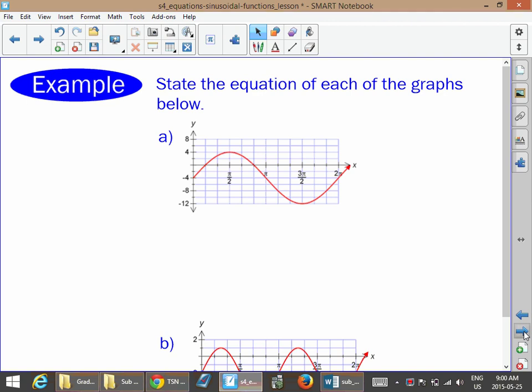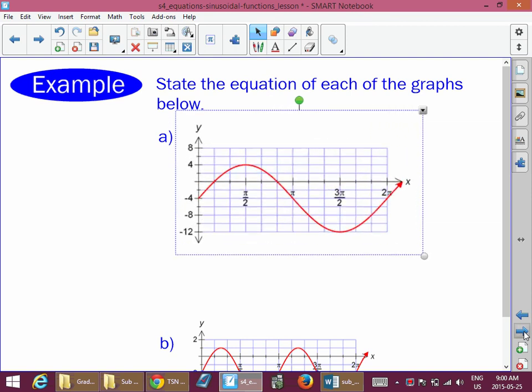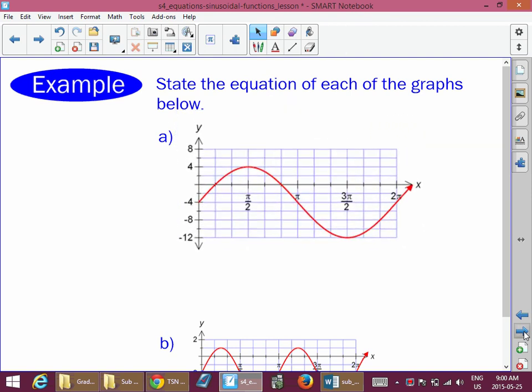So, let's get down to business here. We've got some graphs. Let's figure out how to find the equation of the graphs. So, I've got this big graph here, and when I'm going to try and find the equation of this graph, what's the best thing to do? The best thing to do is to figure out the d value. That is the vertical middle.